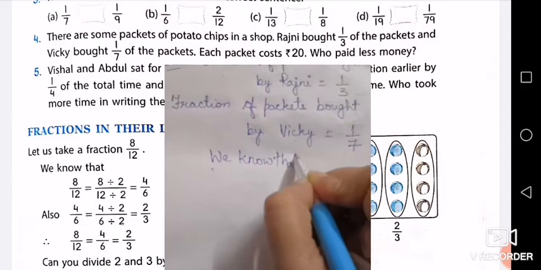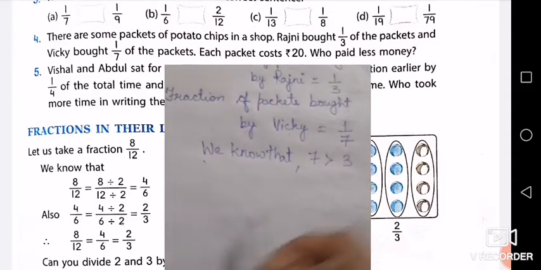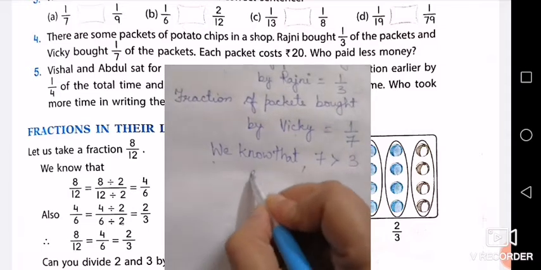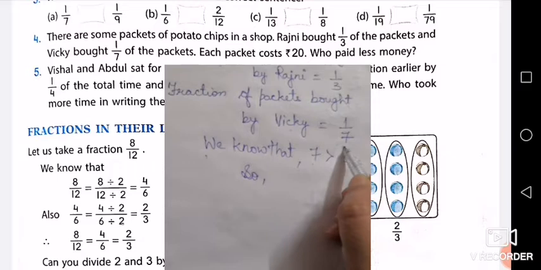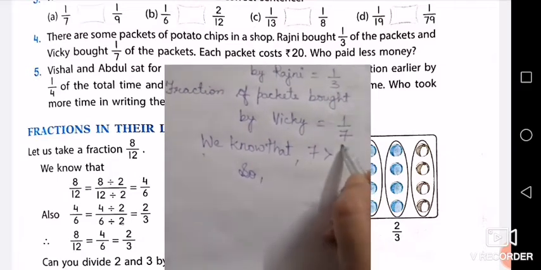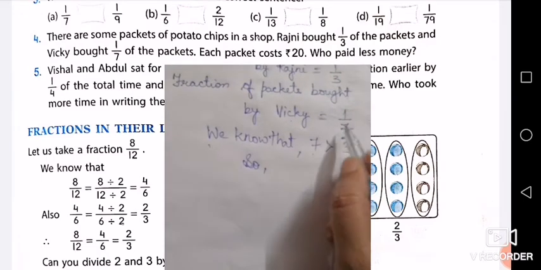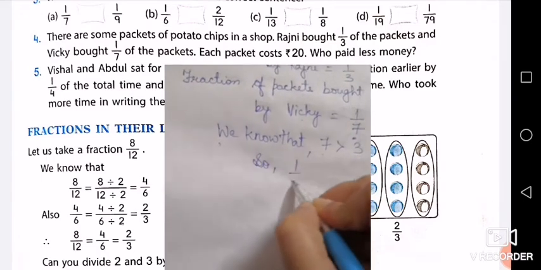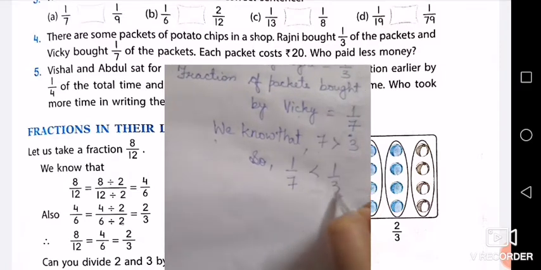Yes, we know that 7 is greater than 3. So now, greater the number, lesser the fraction. Here 1 by 7 will be less than 1 by 3.